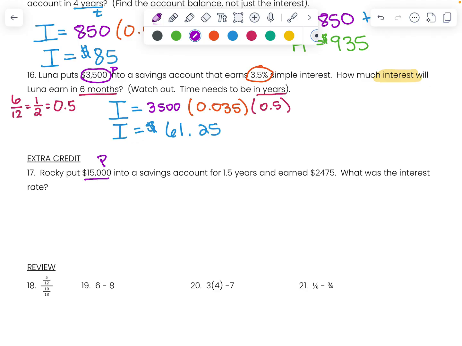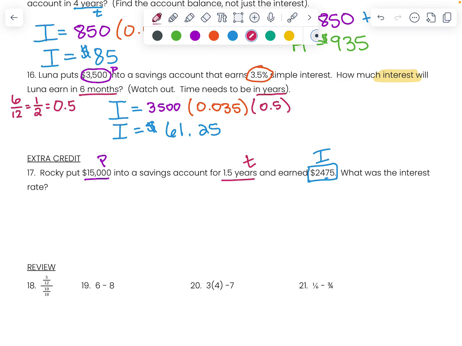He put 15,000 into a savings account. For how long? How long was that in there? 1.5 years. Now, he earned, boys and girls, earning, getting money, that's your interest. Guys, this is our interest. Oops, I forgot to write rate or time next to this.